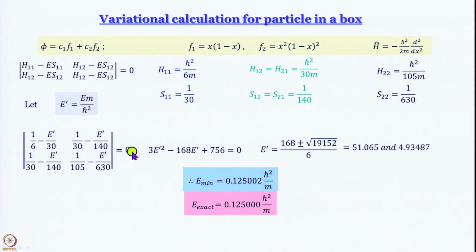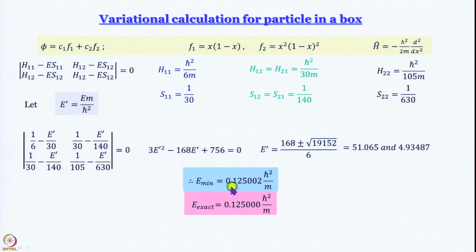This expands as a quadratic equation which has two roots, 51.065 and 4.93487. Of course, the lower value is the ground state energy.